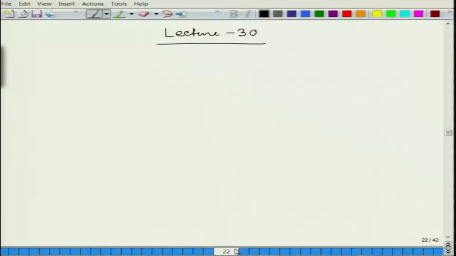Okay. So, here we now try to understand what kinds of motions there are and what factors those motions depend on.